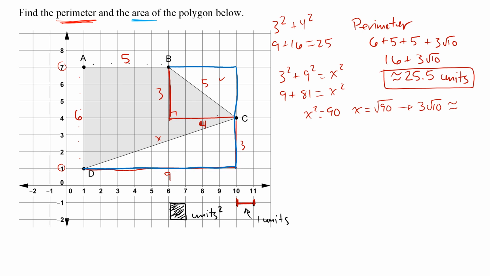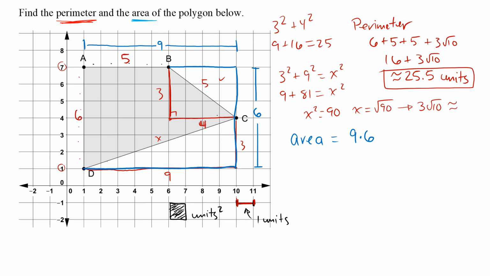If I look at this larger rectangle, it has dimensions of 6 units along this dimension, and 9 units along this dimension. So my area certainly is going to start out with the product of 6 and 9, so I'll just write 9 times 6.